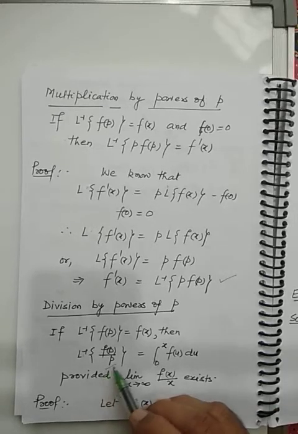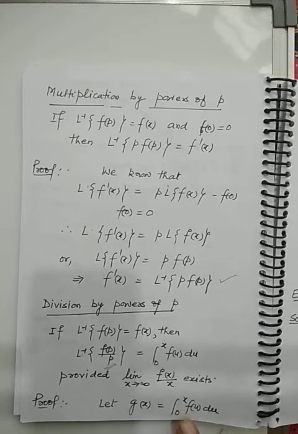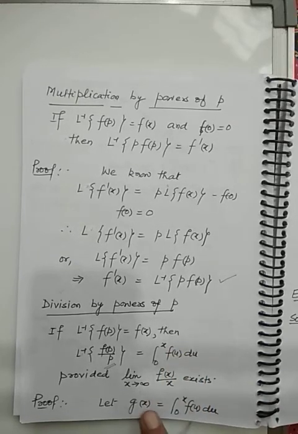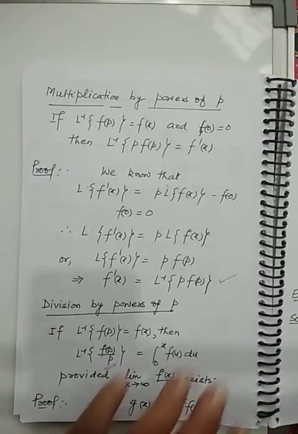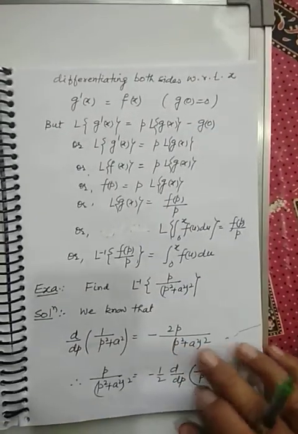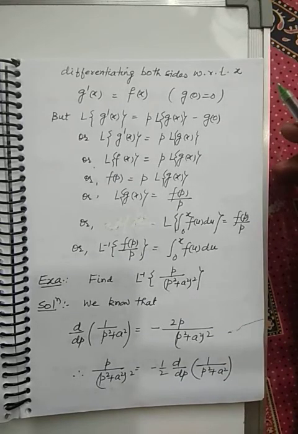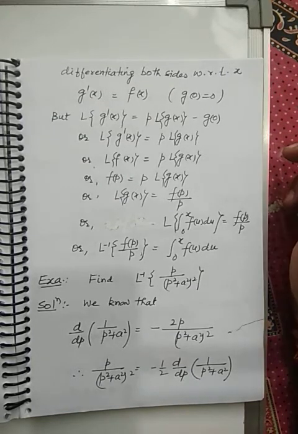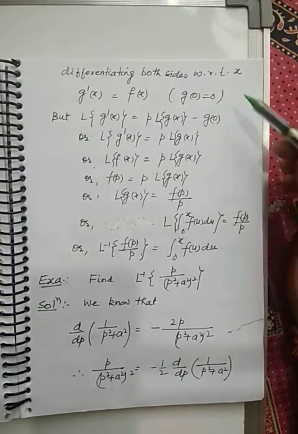This function exists. Let g(x) be equal to integral 0 to x f(u) du. Differentiating both sides with respect to x, g'(x) is equal to f(x), g(0) is equal to 0.